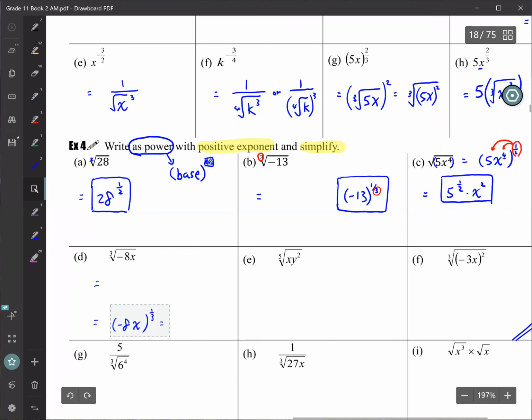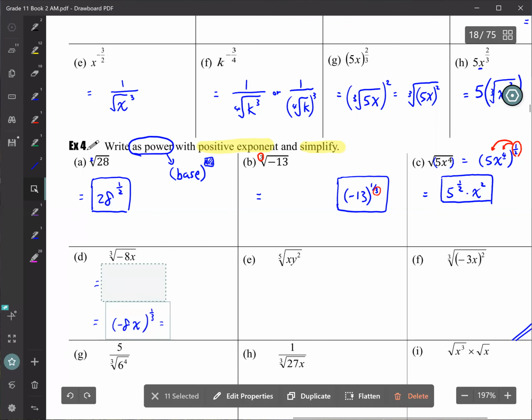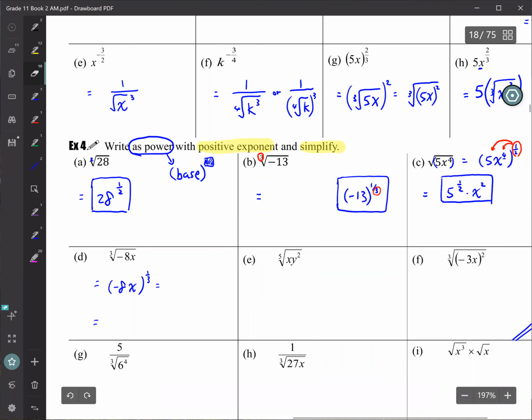This is the part where you need to know when to stop when they say simplify. First step, you write it in radical form, and then just like question C, the exponent needs to go in. So you will get negative 8 to the 1/3, x to the 1/3.